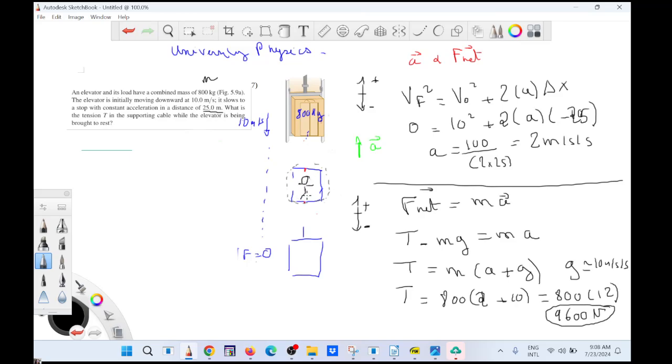So now our system is not the elevator, it's going to be the lady. We focus on this; that's going to be my system. And she's standing on, let's put a bathroom scale here.